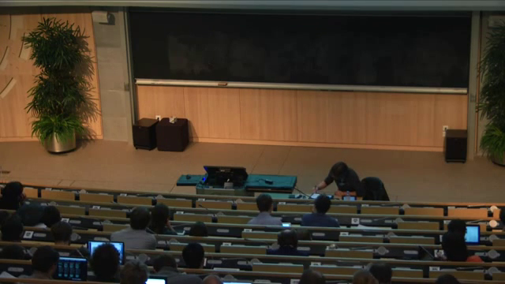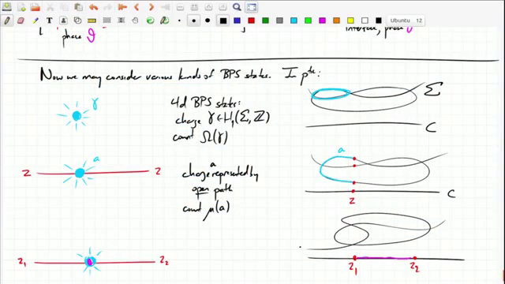And their charges, perhaps not surprisingly, correspond to paths which go from some vacuum of the surface defect over here, to some vacuum of the surface defect over here. So, one possible charge for the thing would be like this. Okay. So those are the kind of players in our story.